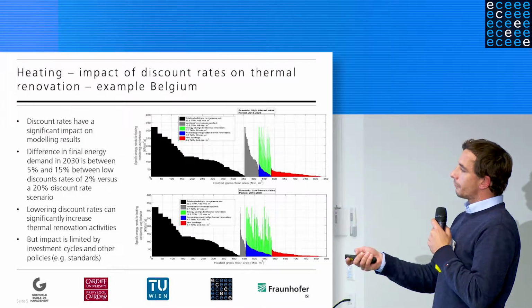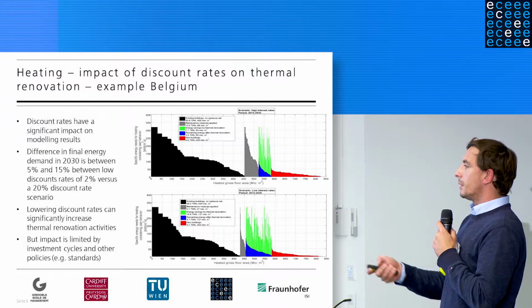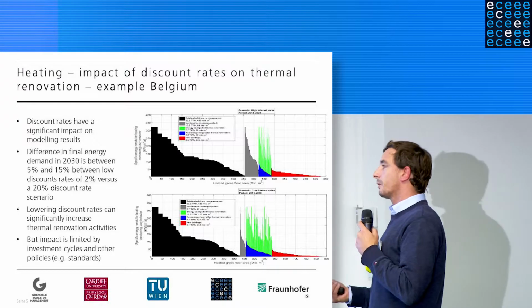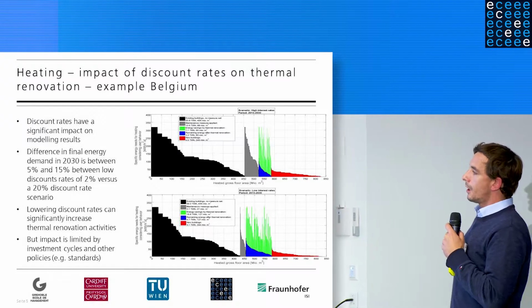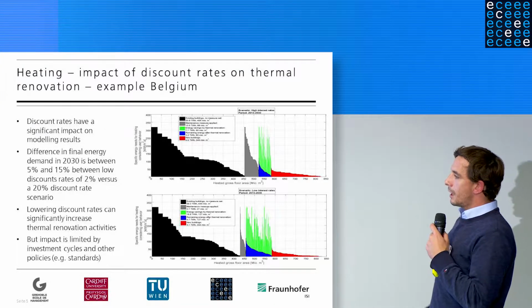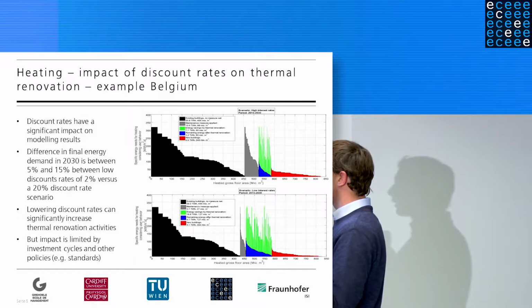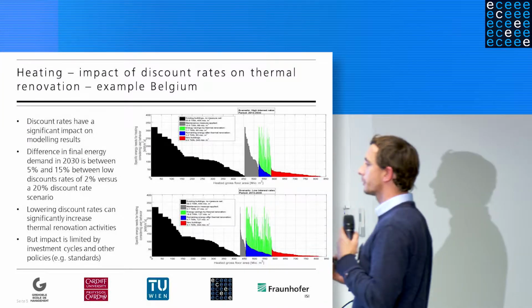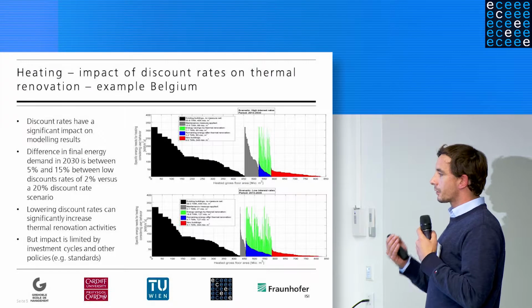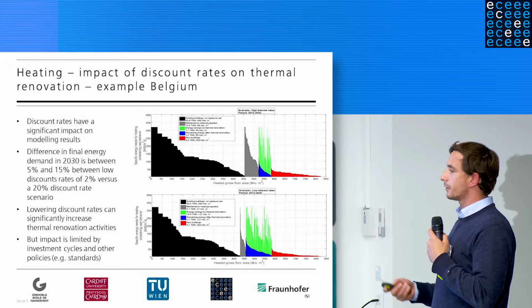And the difference for 2030 is between 5 and 15% between low discount rates and high discount rates. And the other take is that if you manage to lower discount rates, it's going to have a significant impact on the whole model.